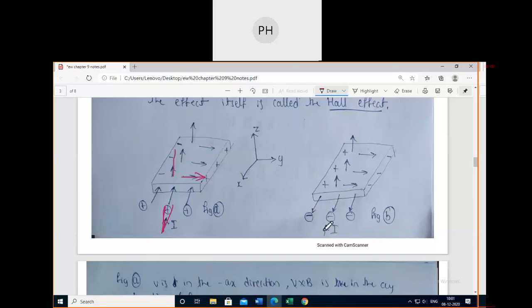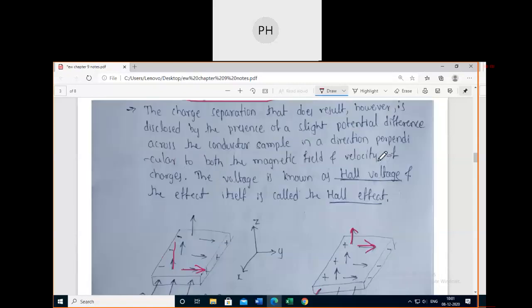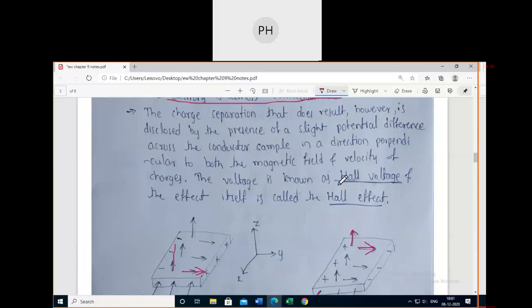With respect to diagram B, if electrons are coming like this, the positive ions will be going upward and negative will be going to the right-hand side. This is called the Hall effect, and the voltage we get is the Hall voltage.